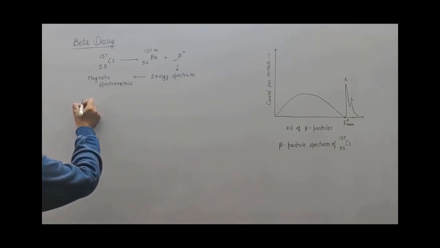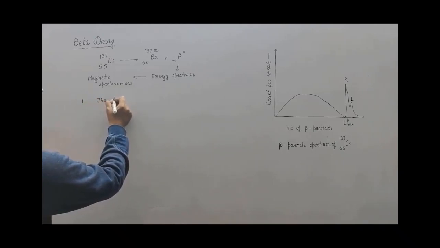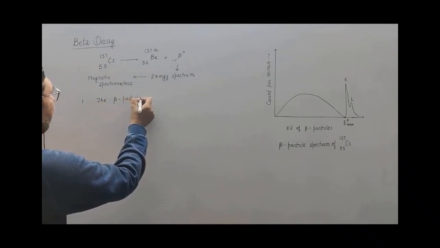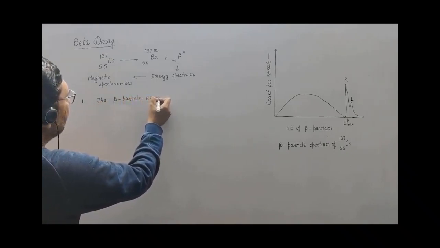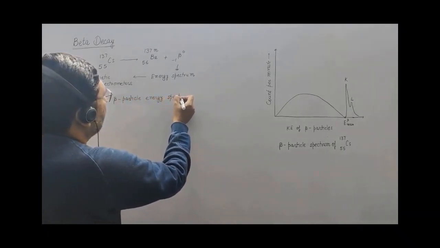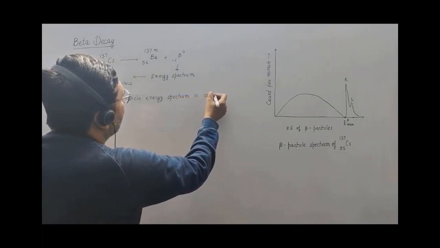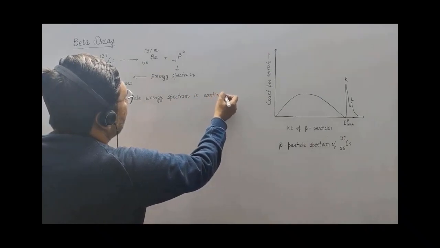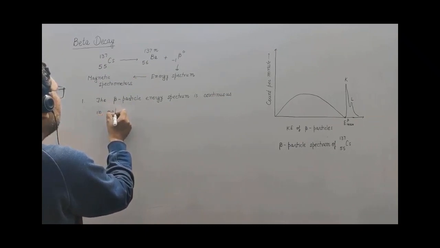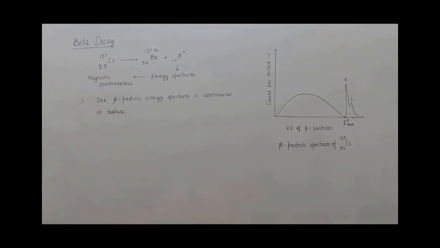From this energy spectrum, we can observe two very important aspects. Number one, the spectrum is continuous. The beta particle energy spectrum is continuous in nature. This is very unlike the alpha particle.